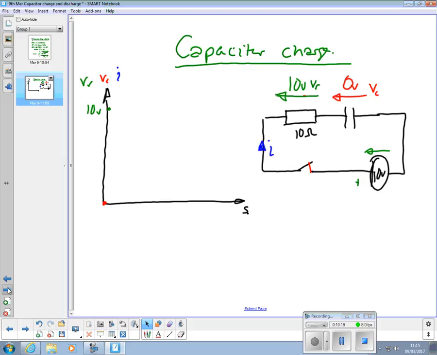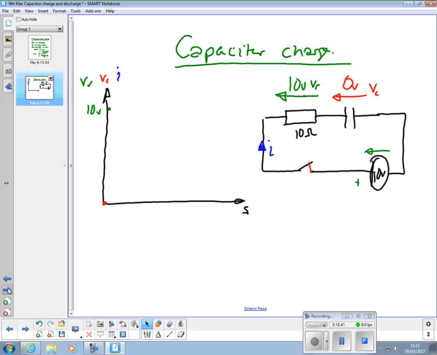Remember, no current can flow through the capacitor at all. All we've got is charge or electrons going this way around the circuit and building up on that plate. So we've got electrons leaving that plate and going around and touching that plate. No current flows through that insulator in the capacitor, does it?